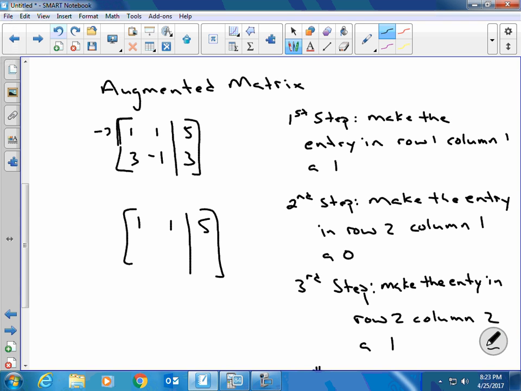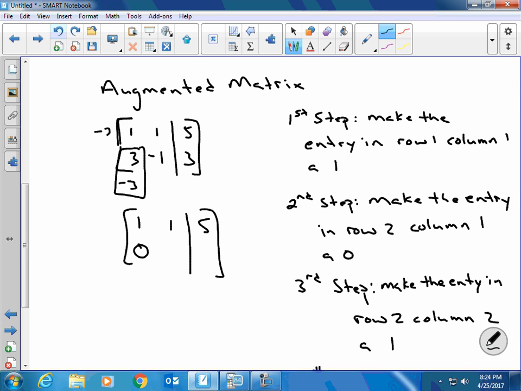Why? Because if I have this being a -3, a +3 plus a -3 will give me a 0 in that entry. But just like back when we solved using elimination, if I multiply one entry of that row by a number, I have to multiply every entry and add them all together.